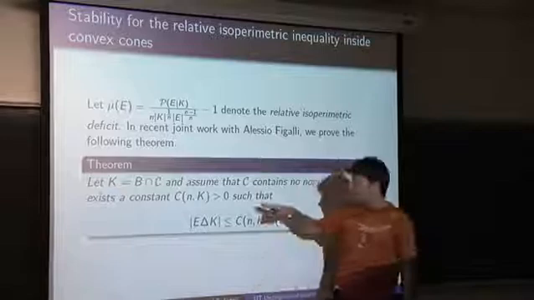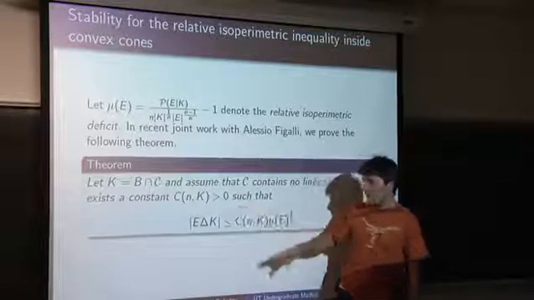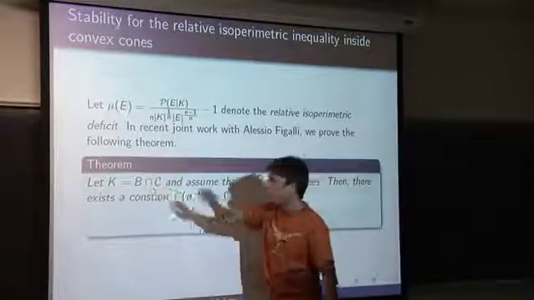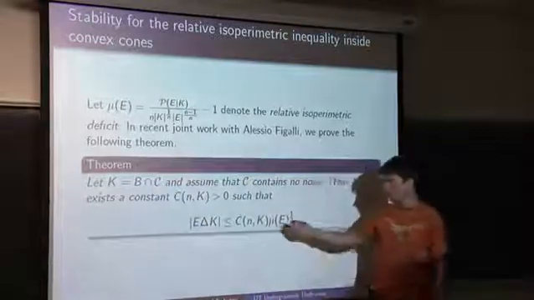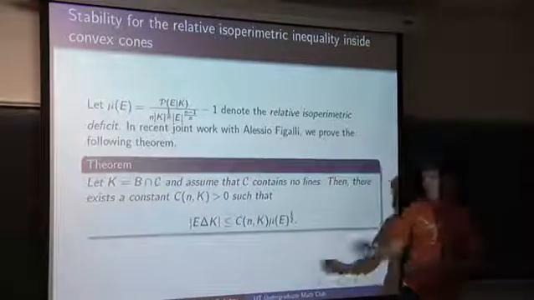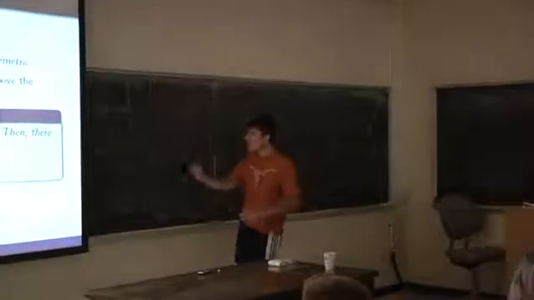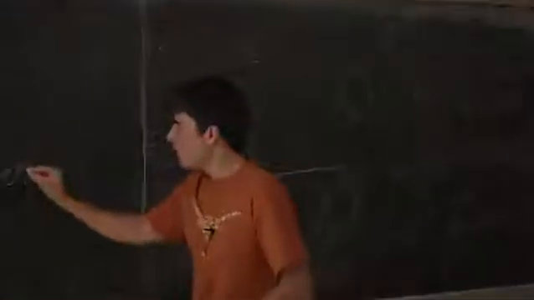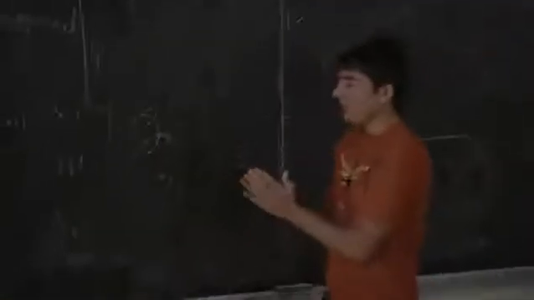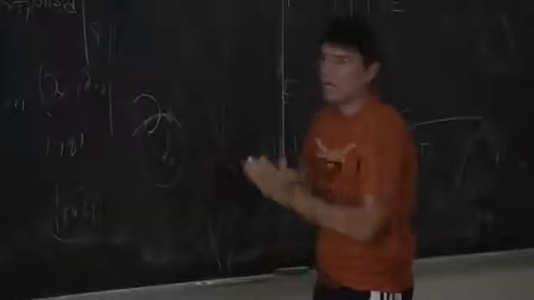If the measure of E is equal to the measure of K, K being the ball intersected with the cone, then this is true without translations. Which makes sense, right? Because you're able to kill a translation, since you already know from the previous work that up to a translation, you're the ball intersected with the cone.